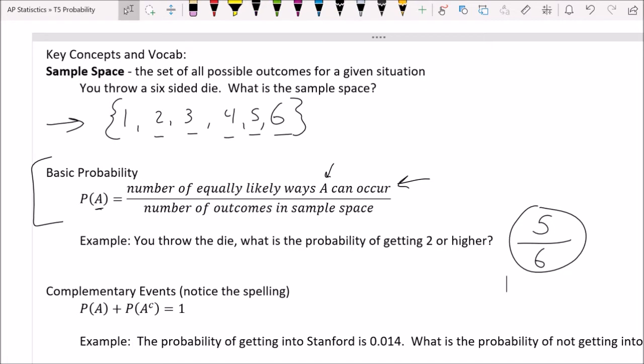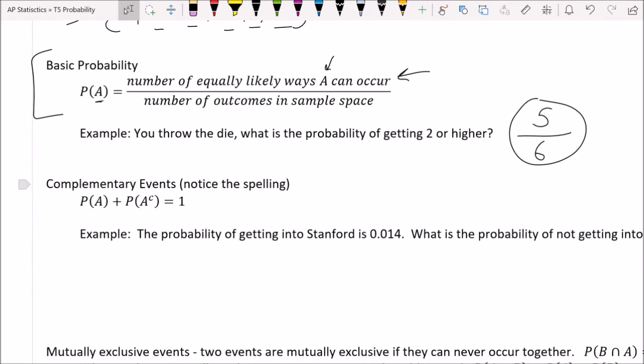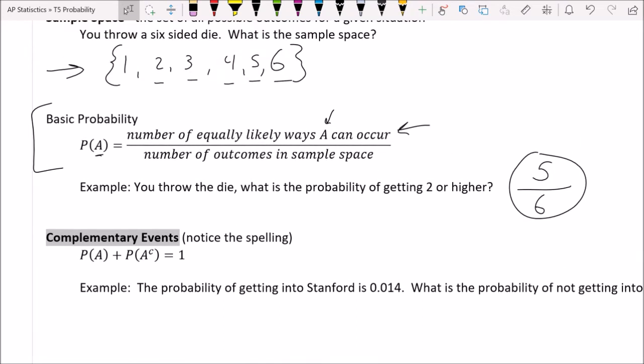Next thing we're going to talk about is the idea of complementary events. I mentioned this in the previous video. We were doing the example with HIV and we said 0.3% of people have HIV, which means that 99.7% of people are HIV negative, and those two add up to 100%.